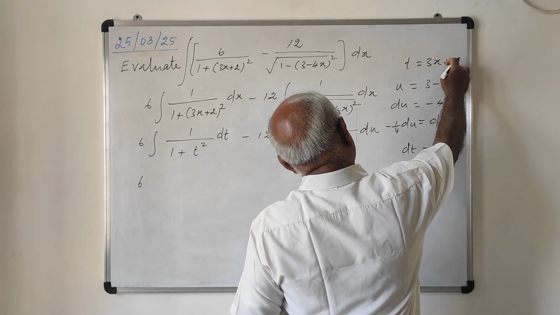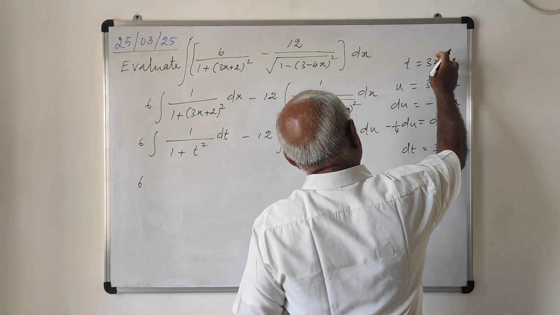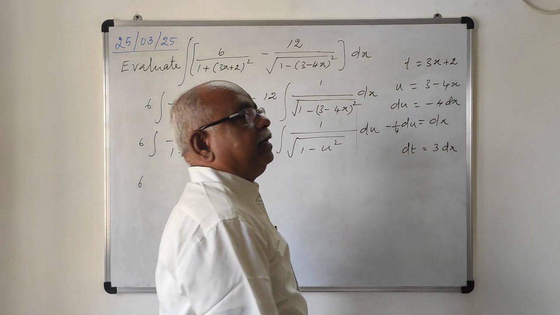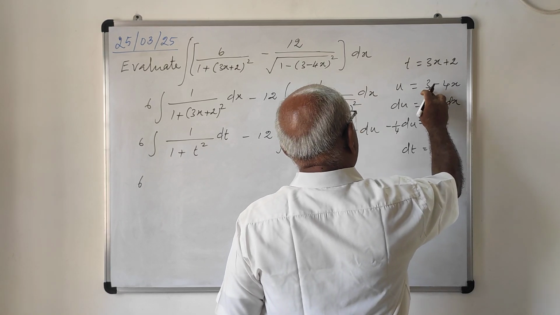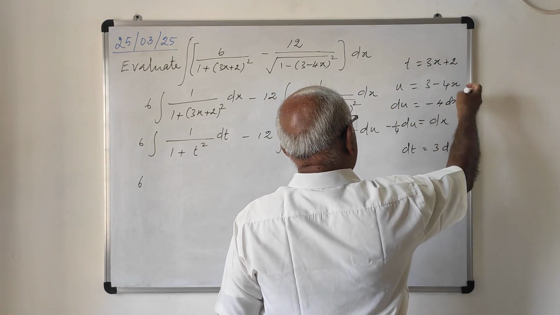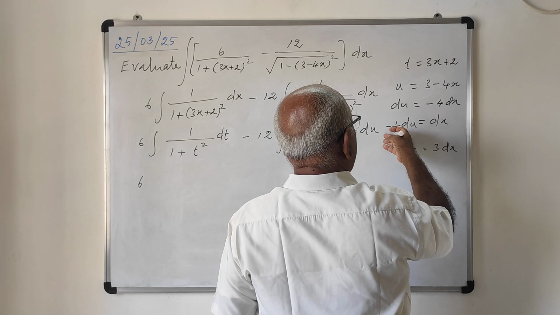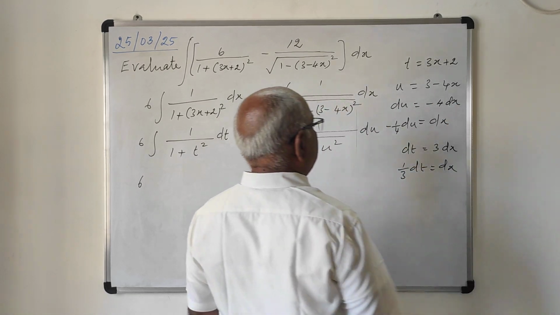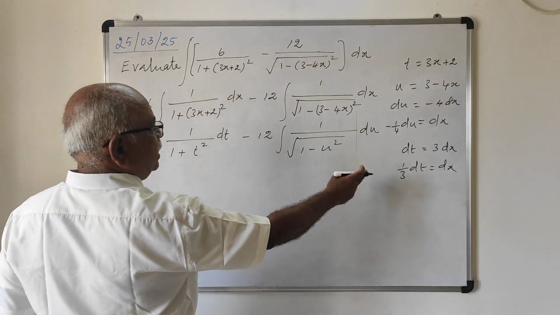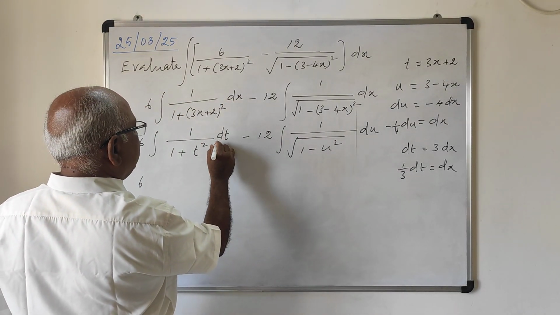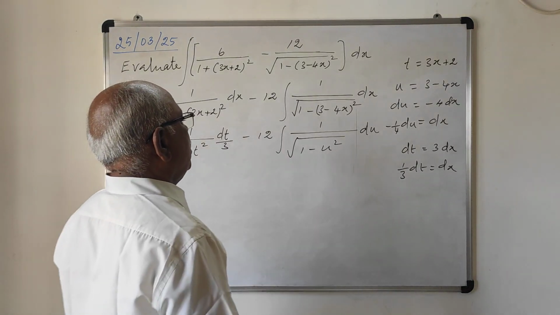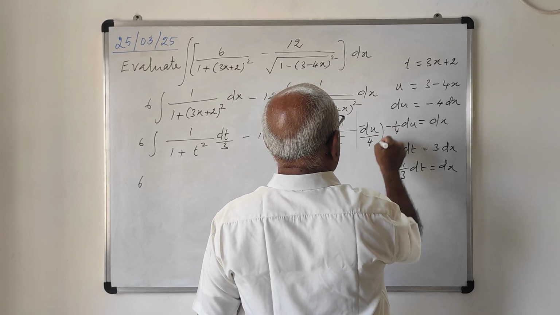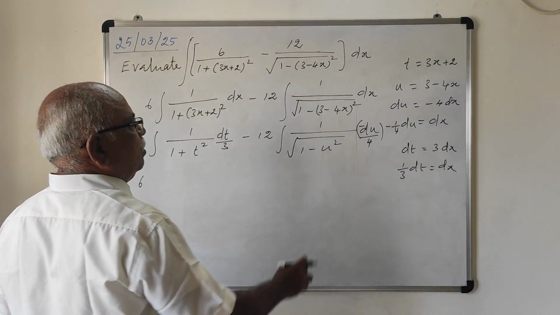The derivative of the constant is 0, therefore you just get dt by dx equal to 3, so dt equal to 3 dx. Similarly, the derivative of constant 3 is 0, du by dx is minus 4, so du equal to minus 4 dx. From this you will get minus 1 by 4 du equal to dx, and from the other, 1 by 3 dt equal to dx. So dx can be replaced by dt by 3 in the first, and in the second problem, dx can be replaced by minus du by 4.